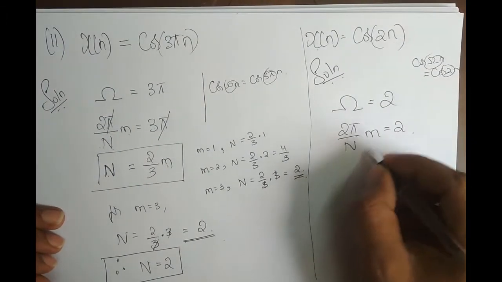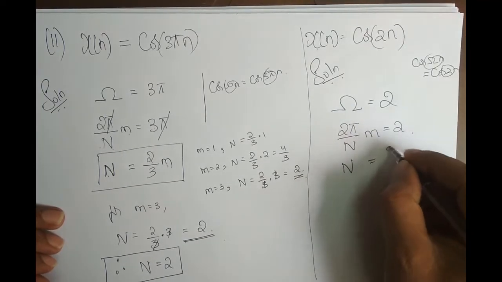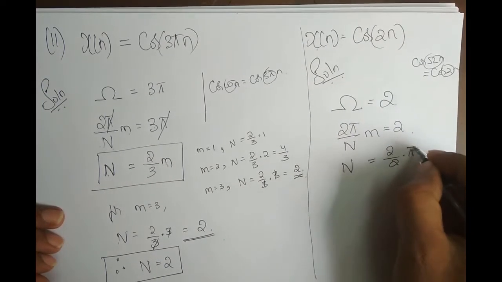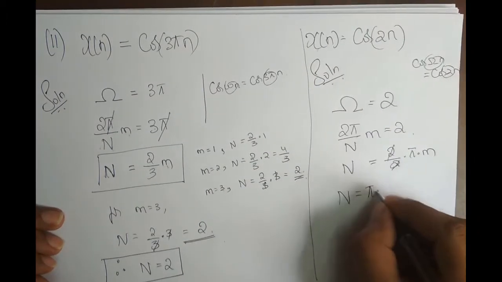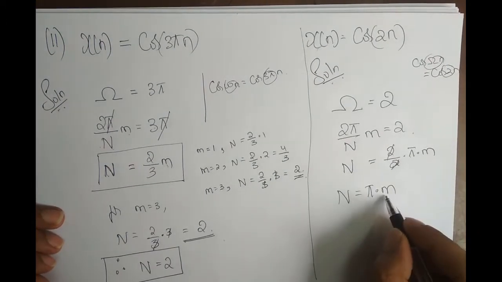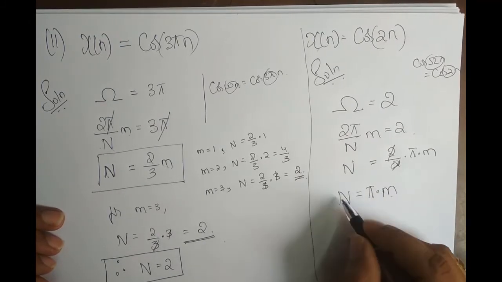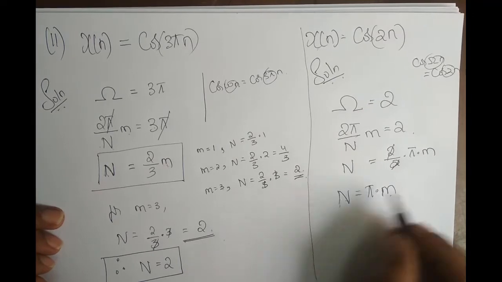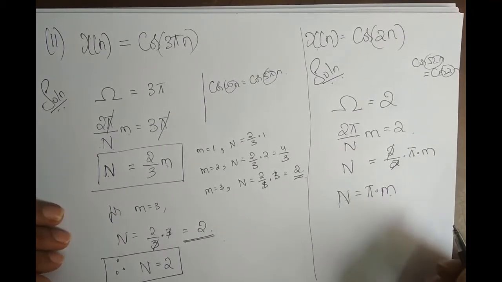Now I have to solve for N. N is equal to 2 by 2 into pi into m, so the 2 cancels out. N is equal to pi into m. Now what is the smallest value of m? You have to search for the smallest value of m for which capital N, the right hand side of this, is an integer.